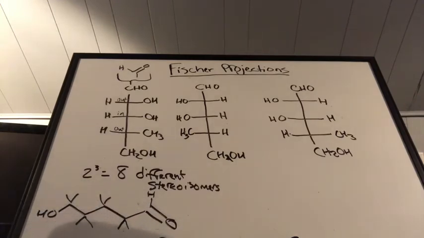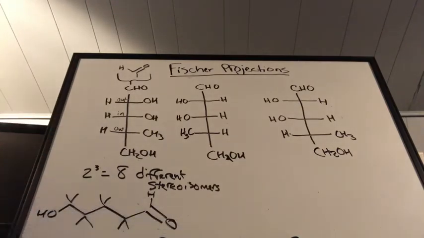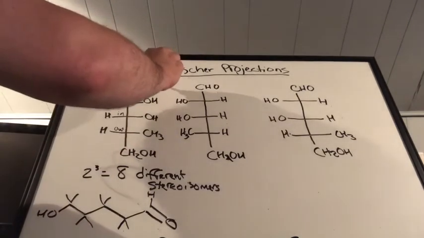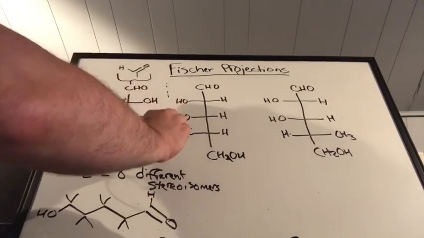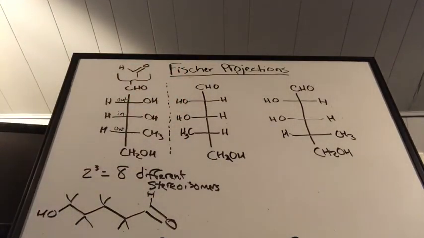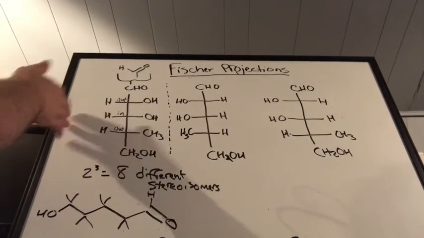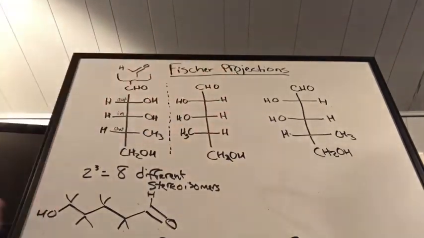Now, let's do some comparisons here, and then we'll figure out what the configuration is for each stereogenic carbon. We try to make a mirror image here. Do we have a mirror image? Actually, yes, we do, because we have hydrogen sticking on the left side here and on the right side here.